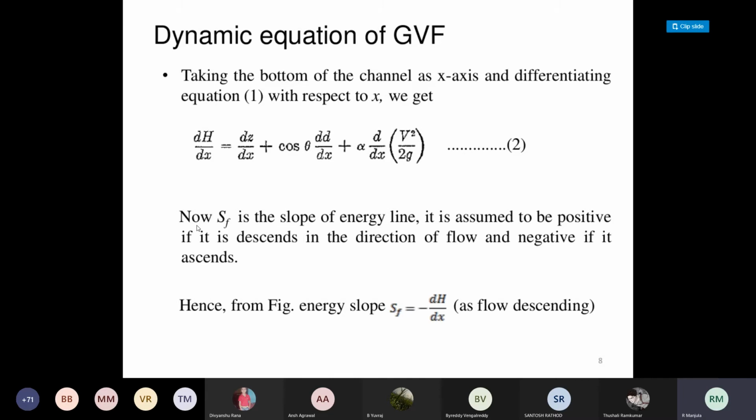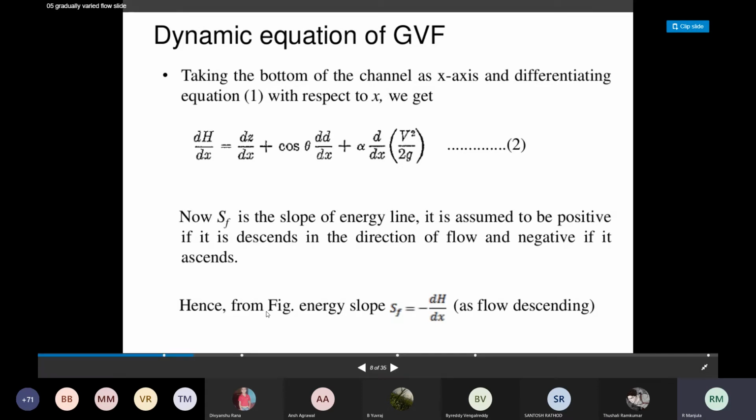If it is descending, the energy slope is positive; if it is ascending, it is negative. Now you can see from the figure that the energy slope is equal to minus dh by dx because the flow is descending.